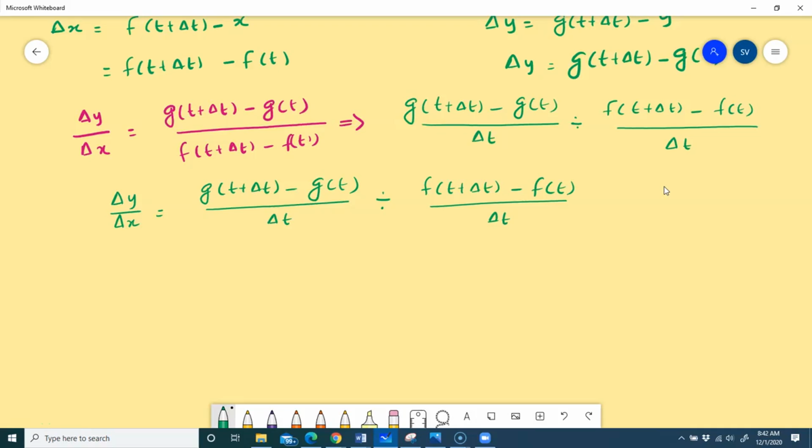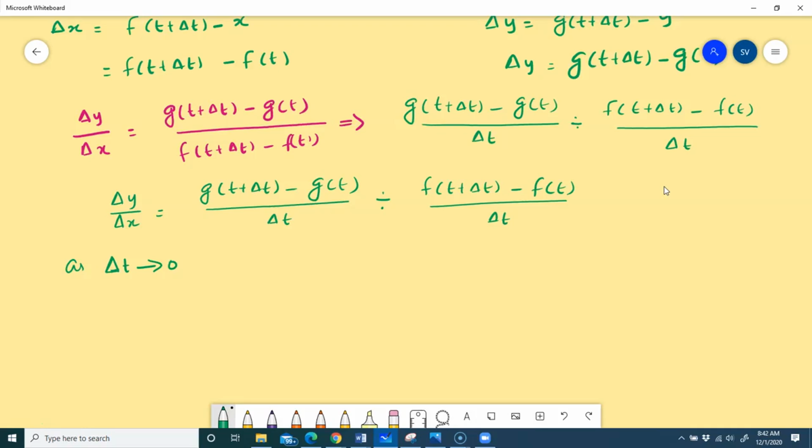So as we approach the problem of limits, as delta t tends to 0, what will happen to the remaining parts? As delta t tends to 0, what will happen to delta x and delta y?